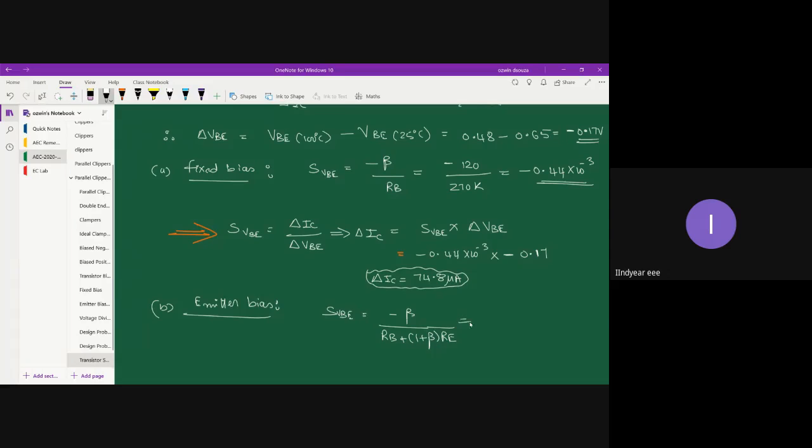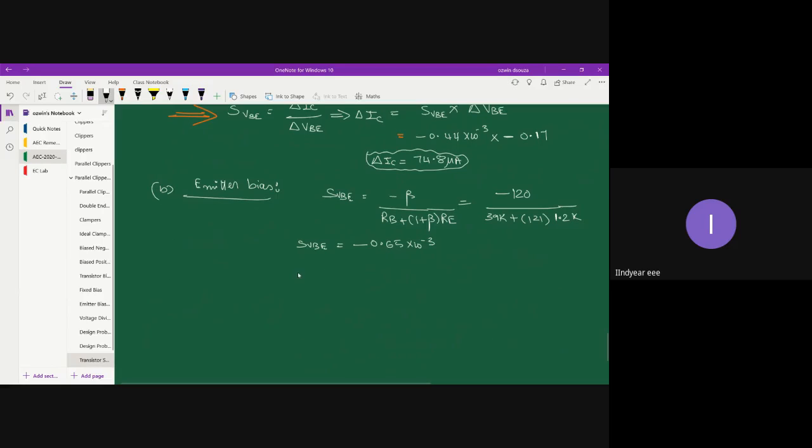So that is equal to minus 120 divided by RB. For emitter bias, RB is 39 kilo ohm. So it is 39K plus 121, because 1 plus 120 is 121, into RE. RE is 1.2 kilo ohm. I have already calculated the value, so SVB you will get as minus 0.65 into 10 to the power minus 3.